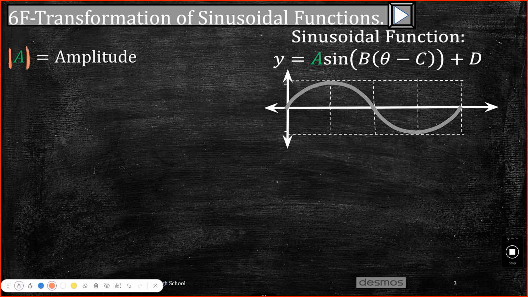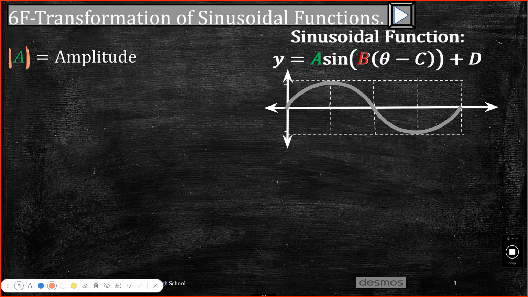All right, B. B is the number of cycles, the number of cycles from 0 to 2 pi that you see.